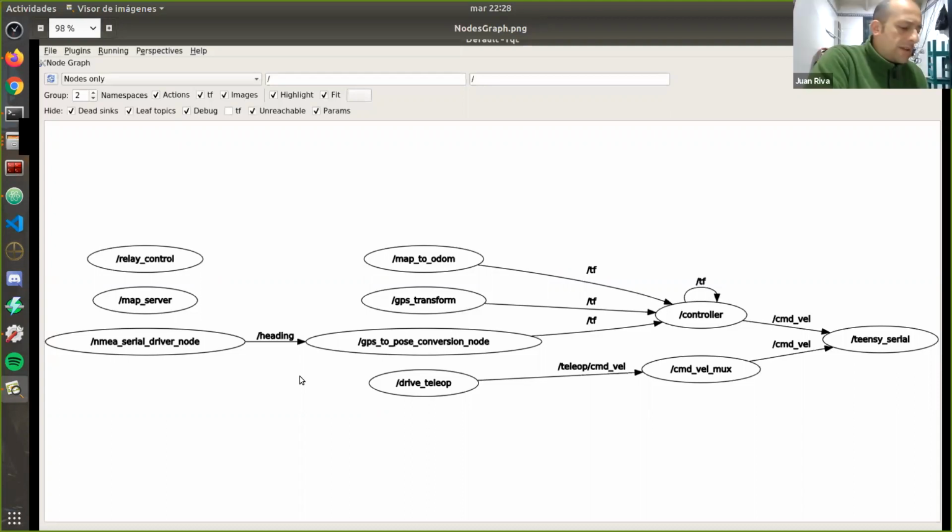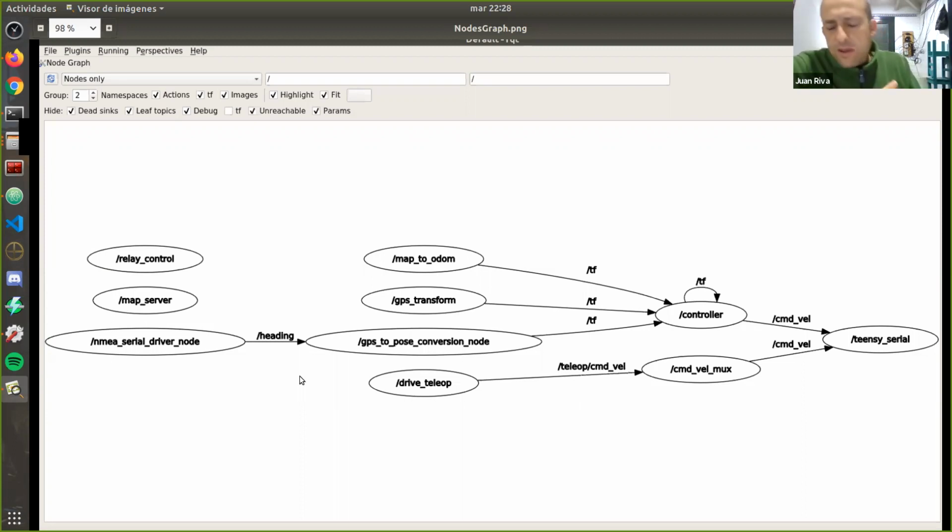Okay, let me take a note. That's a really good catch there, Jeff. That's what he was asking about earlier, he said he was having problems with that. No node should publish directly to command velocity except for that mux. So if you're connecting with your phone and using the phone joystick, make sure it's not publishing directly to command velocity.